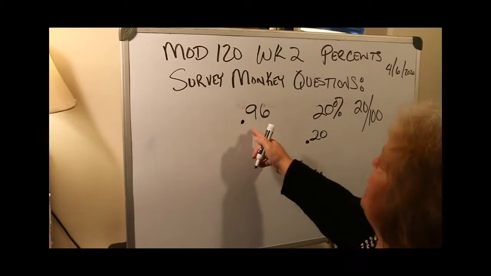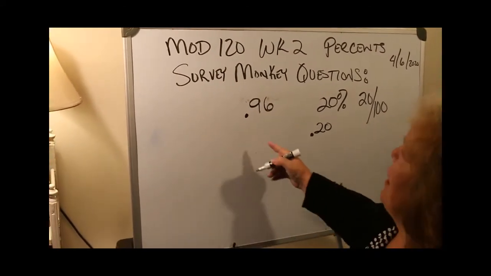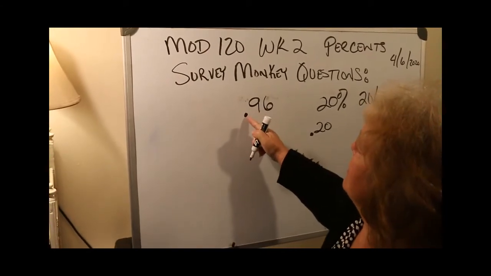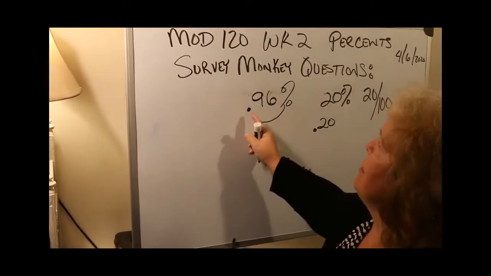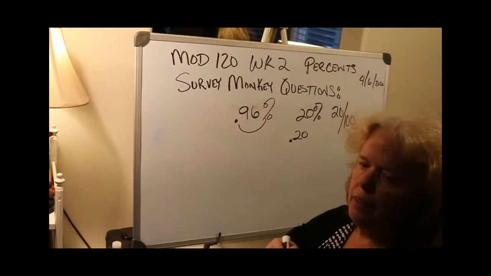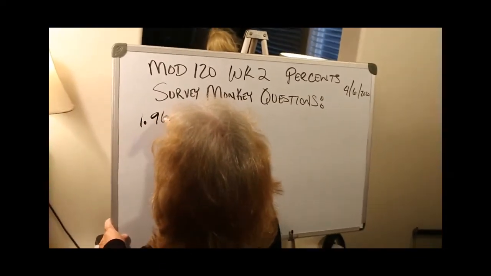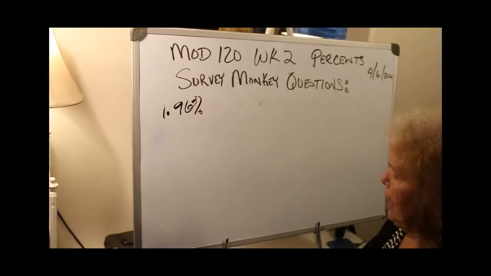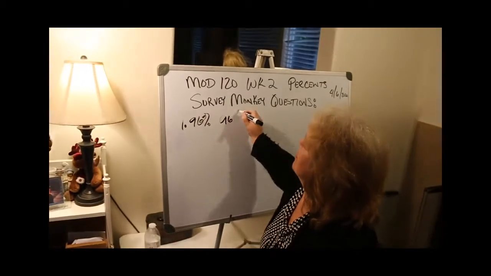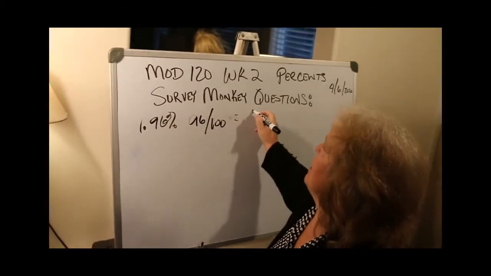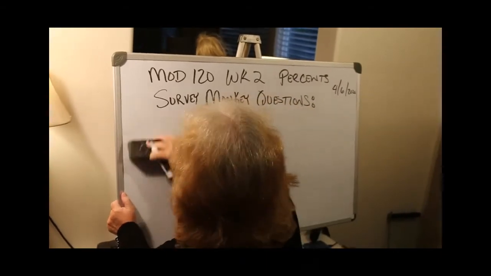So 0.96 is the same thing as taking this and bringing it over here. So this is the same as saying 96%. Number 1 is 96%. 0.96 is the same thing as saying 96 hundredths, which is the same as saying 96%. That one is an easy one.